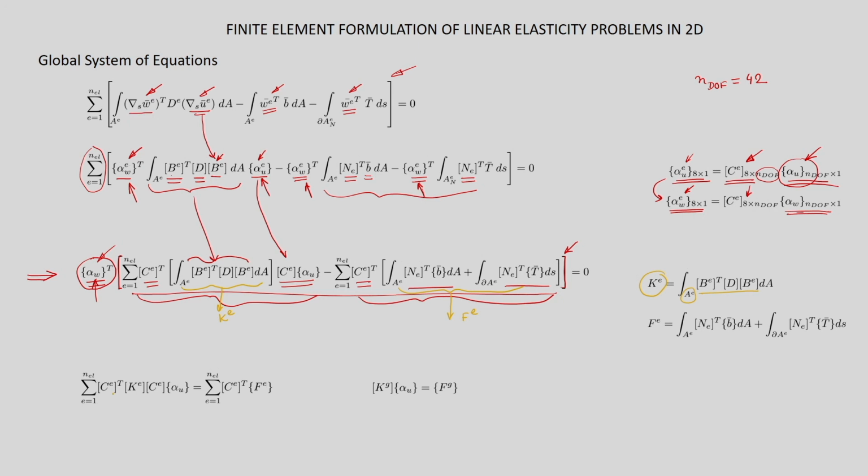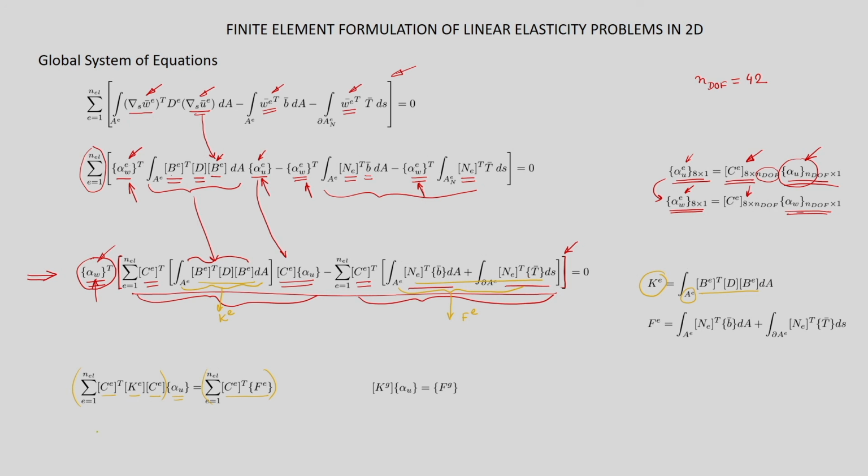So, then we are getting C transpose KEC, summation over all the elements times U alpha is equal to C transpose Fe summation over all the elements. This is basically the same expression, only the terms involved in the square bracket are just replaced with Ke and Fe.